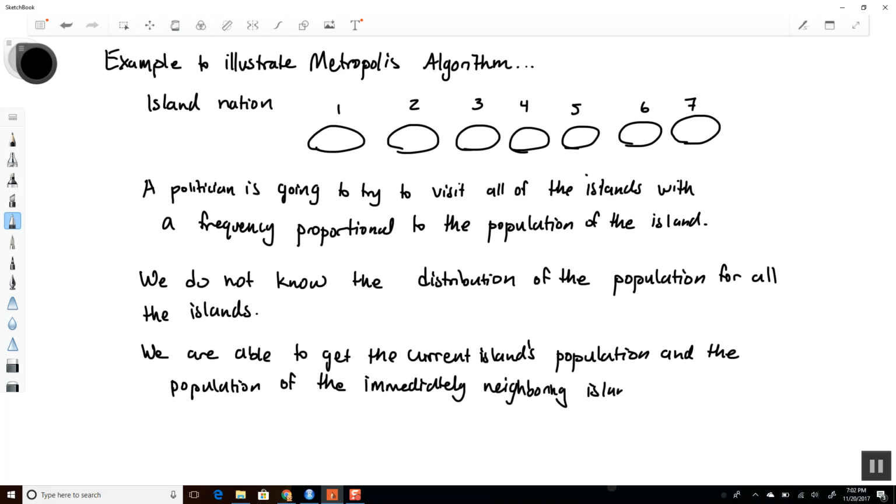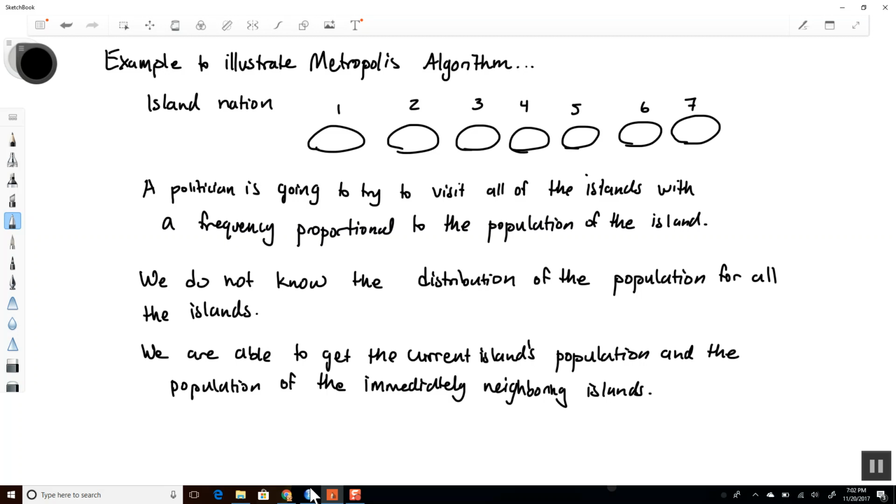Of course, this is a contrived example, because if you're able to get the population of the neighboring islands, it's just a matter of bookkeeping to get the population of all the islands. But in this example, we'll pretend we can't get the whole distribution. We can only get immediate things, okay?